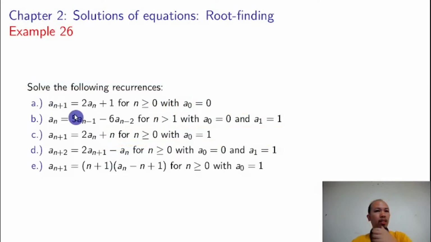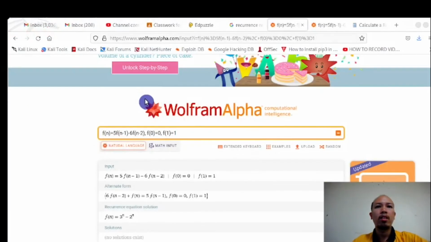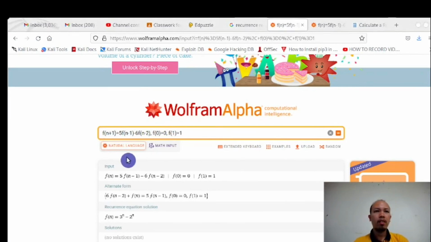How about example 26a, 2a sub n. So let's try this one here, a sub n plus 1, 2 a sub n plus 1 here, and the initial condition is a sub 0 is equal to 0.